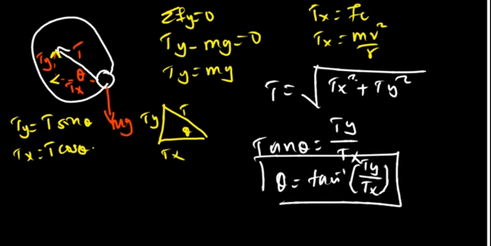Now, there are some other scenarios which you need to understand. Let's say that the car is moving around the circle. Let's say this is the roundabout, and then this is the car. Now this car is moving in this direction, so we're going to have the angular velocity.